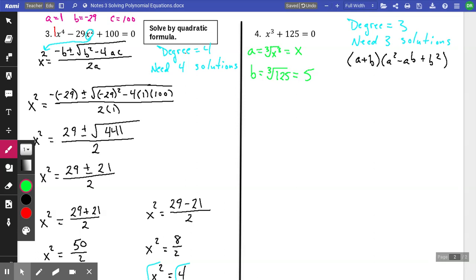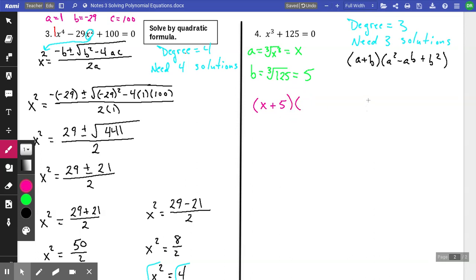Okay, so now that we know what our a and b values are, we can go ahead and set up this formula. You see it over here. It starts with a plus b. And so for us, that's going to be x plus 5, right? A is, we figured out, was x, and our second term gave us 5.